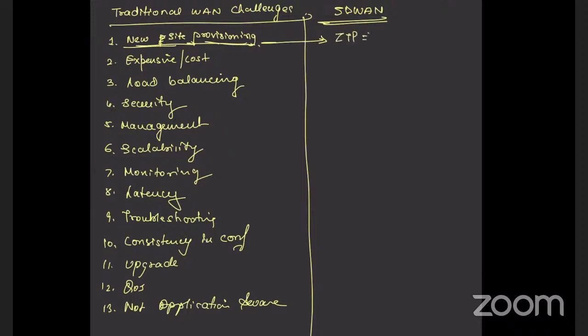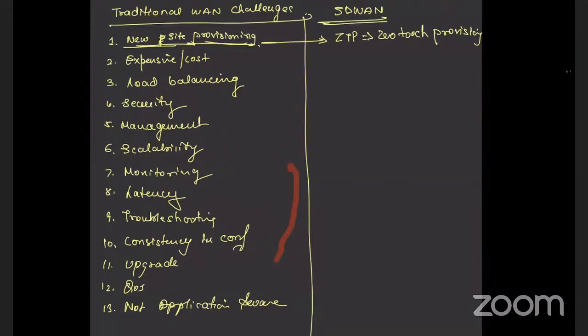ZTP process, which stands for zero touch provisioning. So what is going to happen in the SD-WAN environment is, when any new device or new site comes up, all it needs is internet connectivity. When your device reaches the site, cabling and racking you still need to do, otherwise it will not be able to do it automatically.